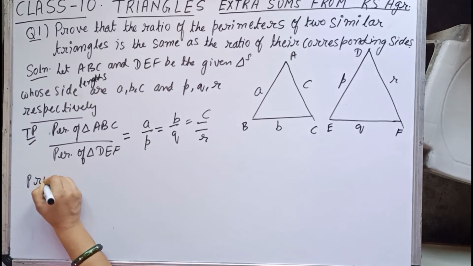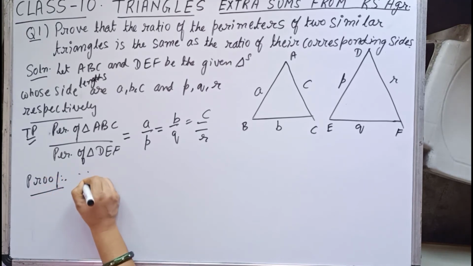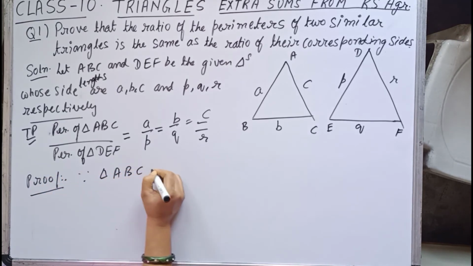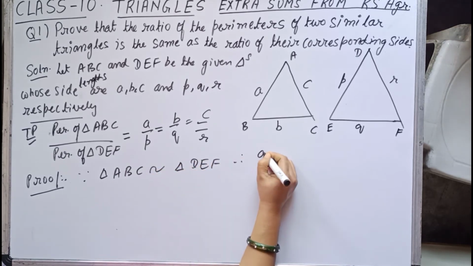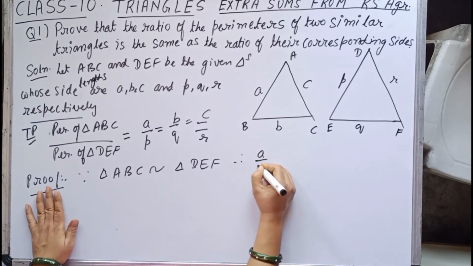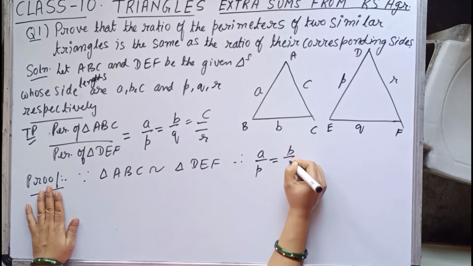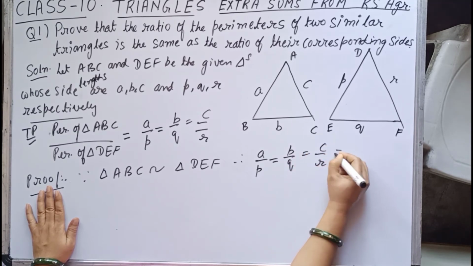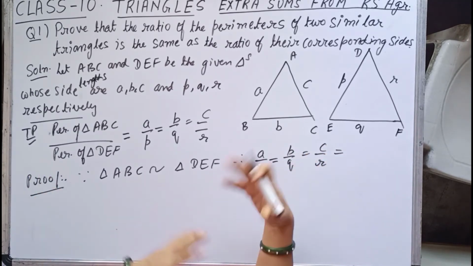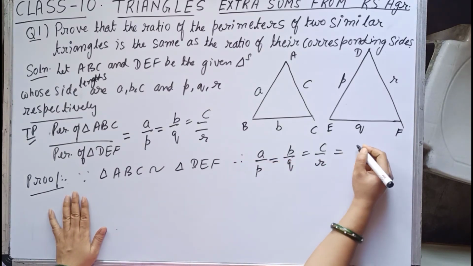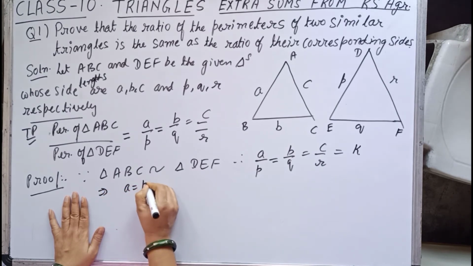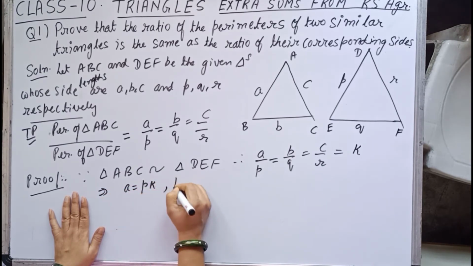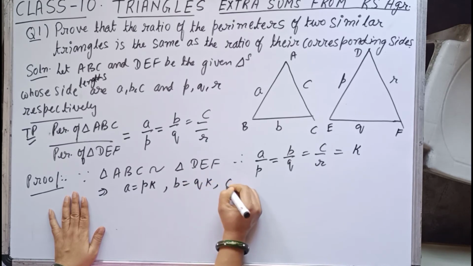Now in the proof part, since triangle ABC is similar to triangle DEF, the ratio of the sides will be in proportion. Therefore a by p equals b by q equals c by r equals a constant, let us take it k. So this implies a equals pk, b equals qk and c equals rk.